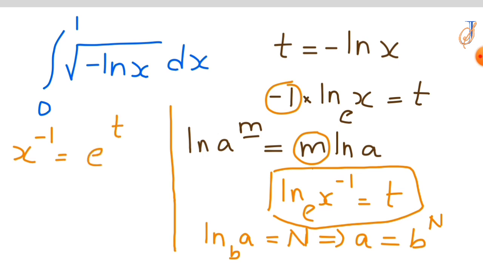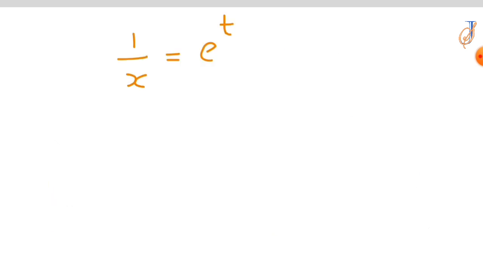But we want only the x value, not the x power minus 1 value. This x power minus 1 is nothing but the reciprocal of x, that is 1 over x, which is equal to e power t. So from here the x value is 1 over e power t. We can write this as x equal to e power minus t.